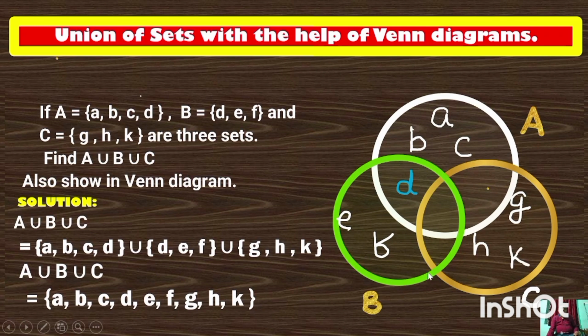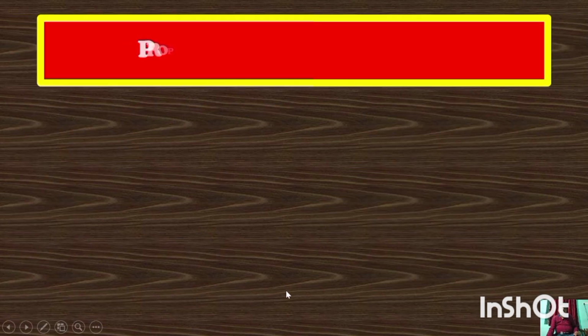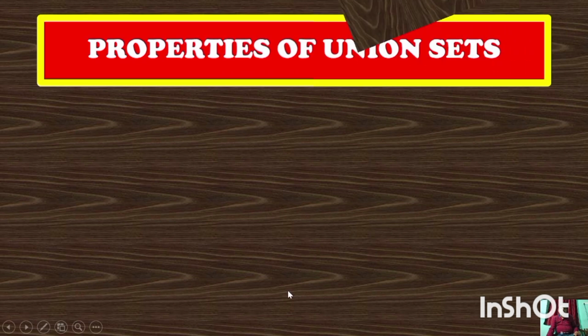So all the elements are taken, and these are the elements of A union B union C. We have to take all the elements of the sets A, B, and C. Is it clear? Yes. So this is A union B union C.